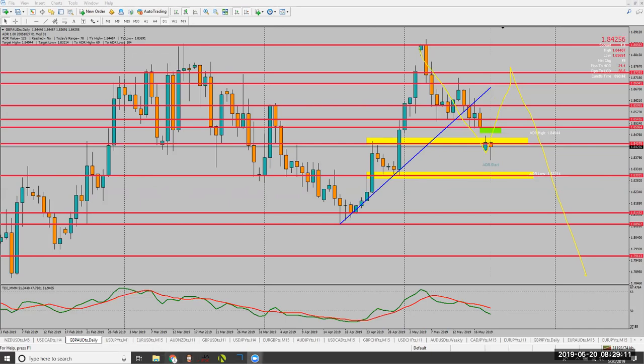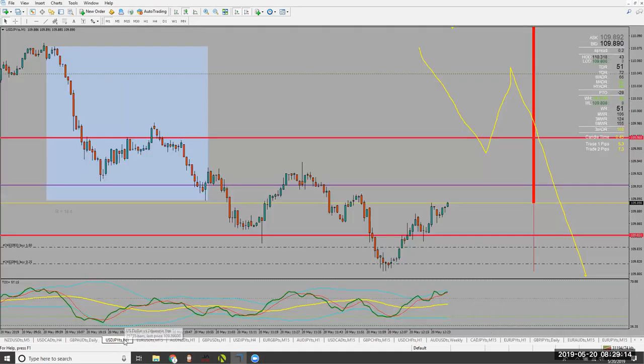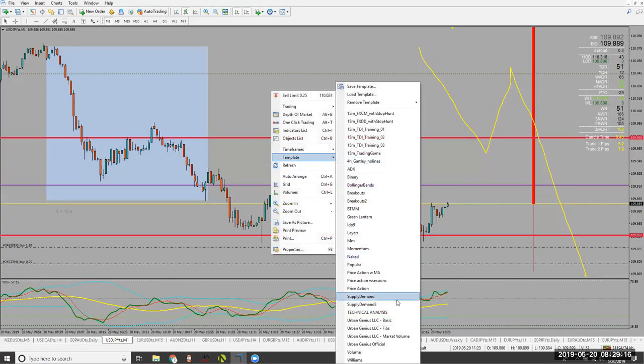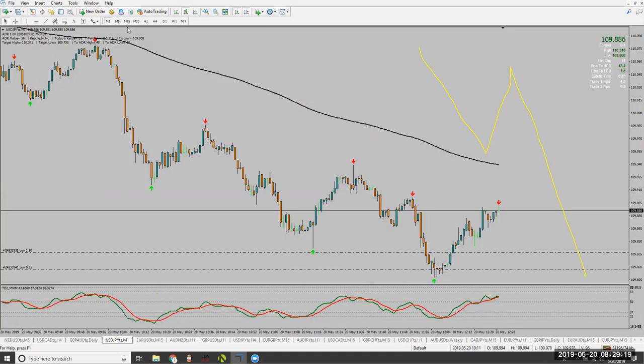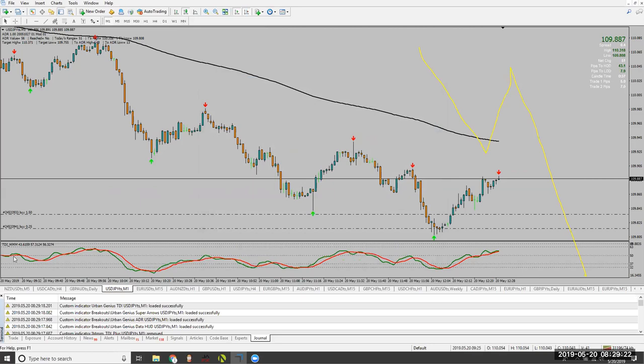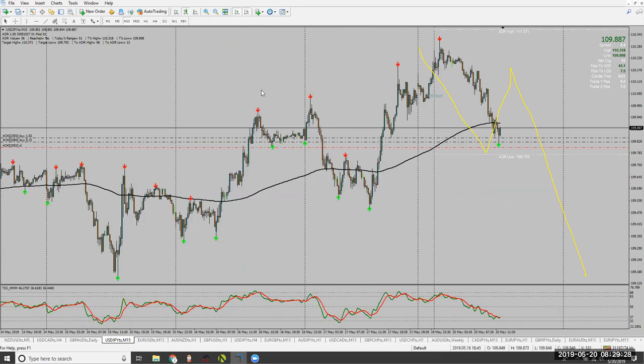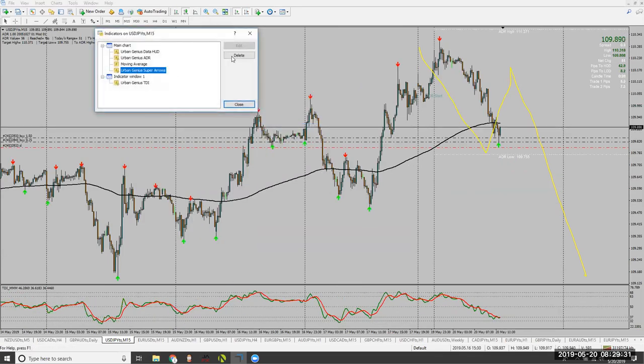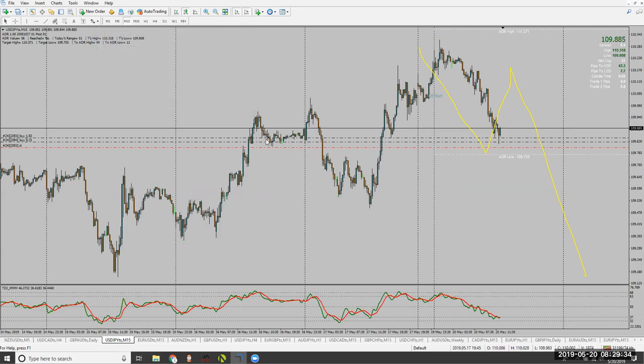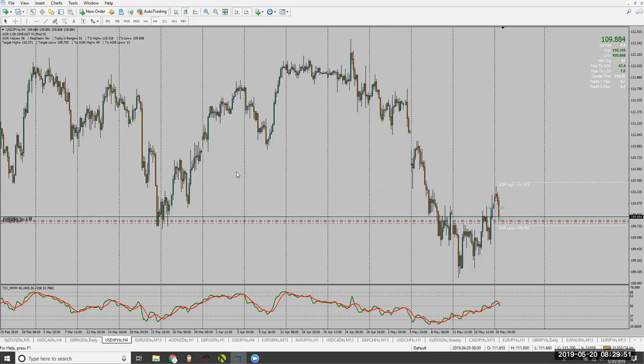Now I was also able to take a trade on the USD JPY. For this particular pair, we'll do this again on the 4 hour chart.